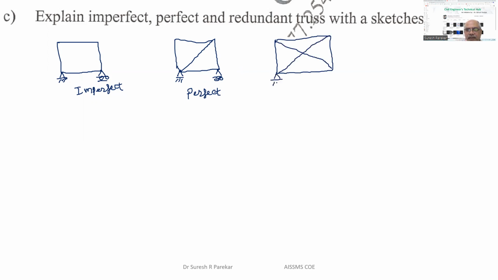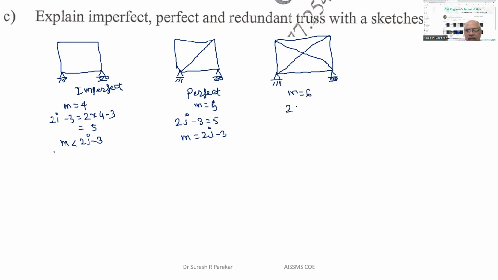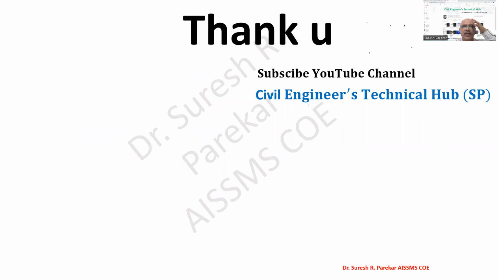For this one, 2j minus 3 is 2 into 4 minus 3, which is 5. Here M is 4, so M is less than 2j minus 3. Here M is 5 and 2j minus 3 is also 5, therefore M is equal to 2j minus 3. Here we have M equal to 6, and 2j minus 3 is the same 5, so M is greater than 2j minus 3, and therefore redundant. Likewise, we have to answer the question.